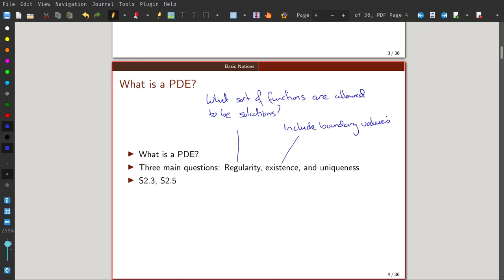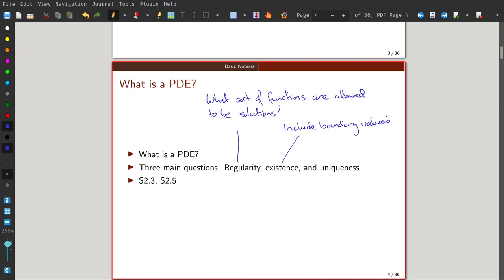But we might require that the function have certain values on the boundary or obey some other conditions. And so then existence becomes not only can you find a function that satisfies the partial differential equation on the interior, but also has the specified values or conditions at the boundary. So that makes existence sometimes a bit trickier.